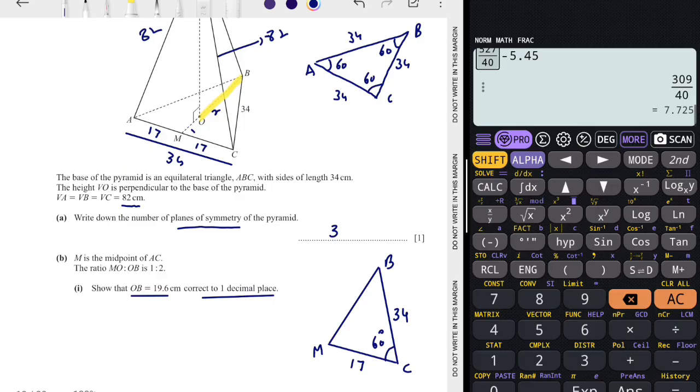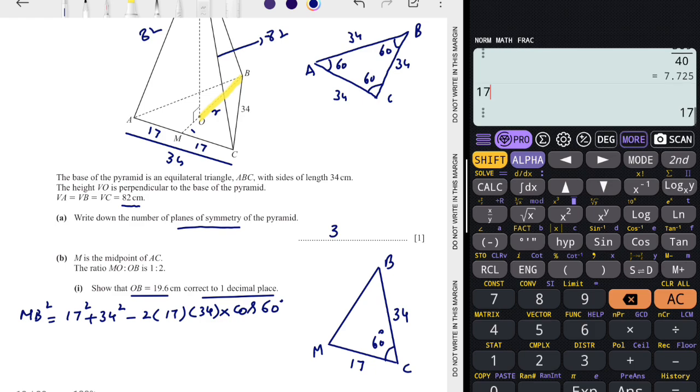So it will be MB squared is equal to the square of 17 plus the square of 34 minus 2 into 17 into 34 into cos 60. So we will simplify it.